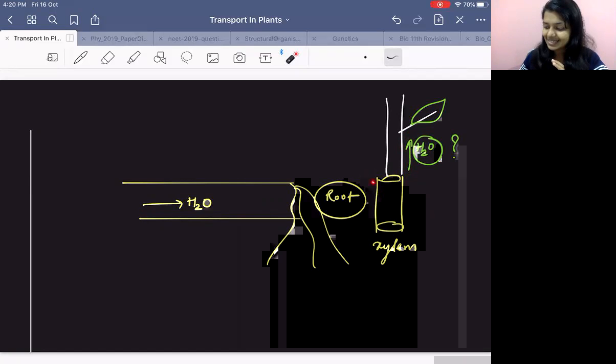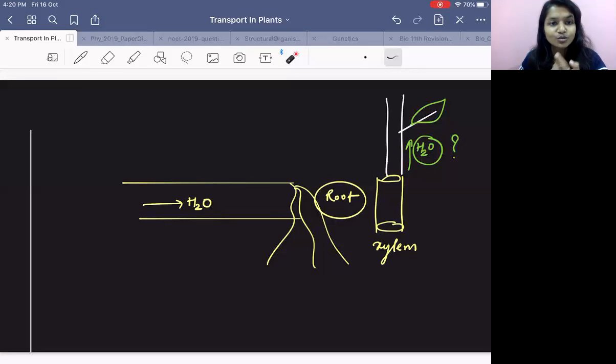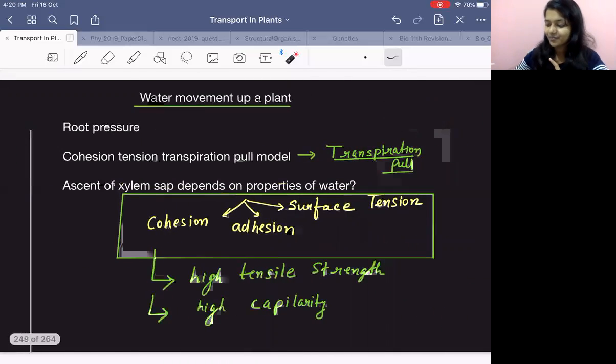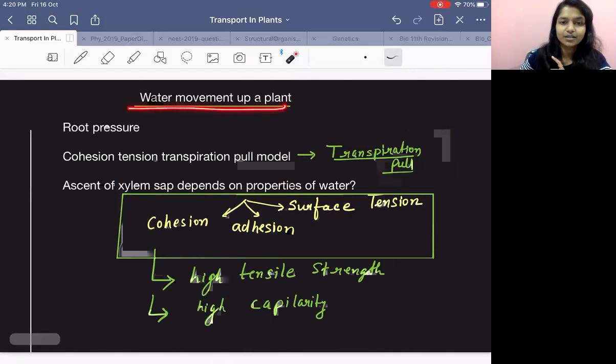Okay, it has reached the xylem. Now, what's next? That's the question mark. We need to find out the answer. Let's find out. Water movement to the upper part of the plant.